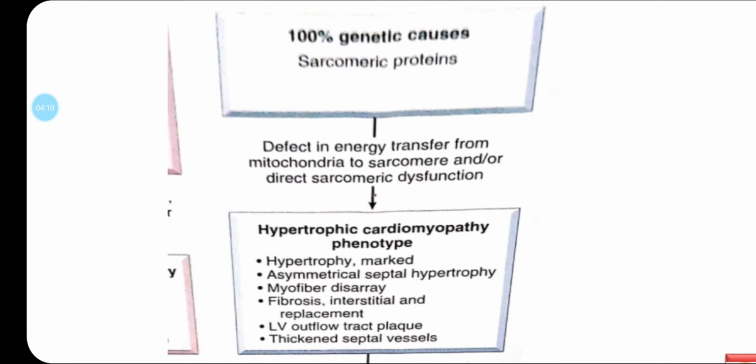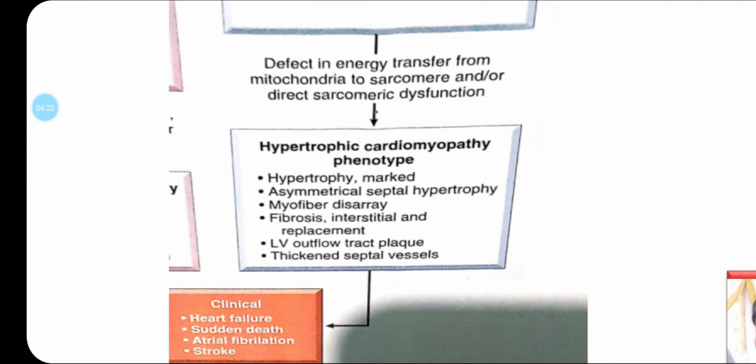This defect in the sarcomeric protein will lead to a defect in energy transfer from the mitochondria to the sarcomere, or there may be direct sarcomeric dysfunction.